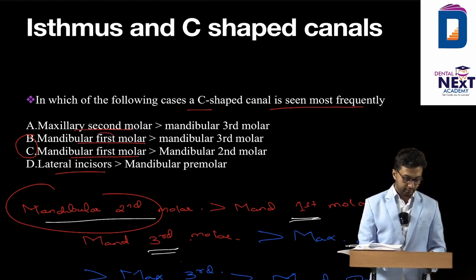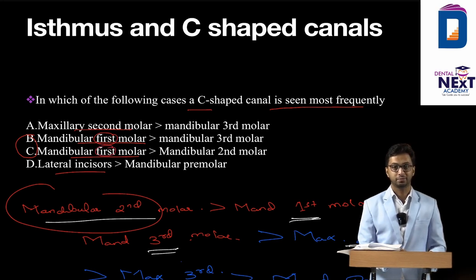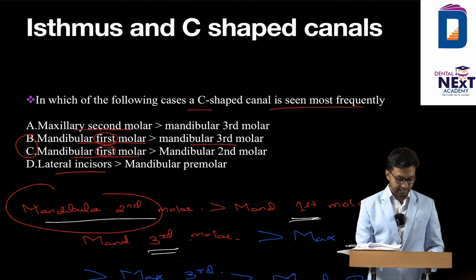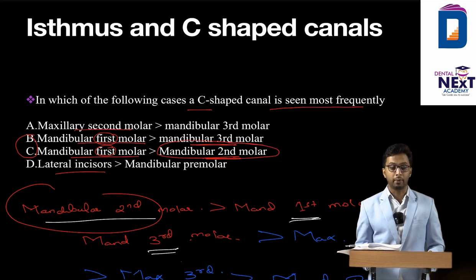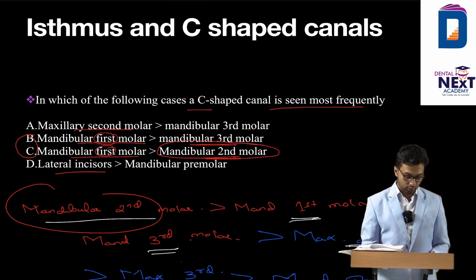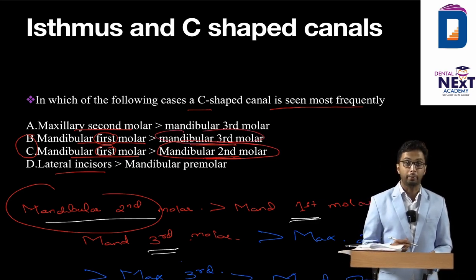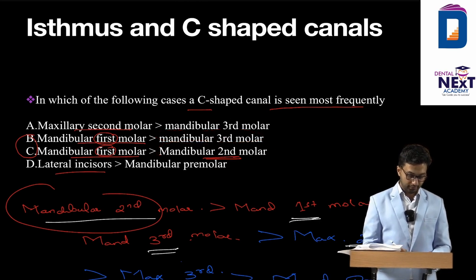So in both cases it is mandibular first. Now see next: mandibular third, mandibular second. It can never be this, because mandibular second is much more common than the first. So yes, mandibular third is less common. Hope you got what I'm saying.